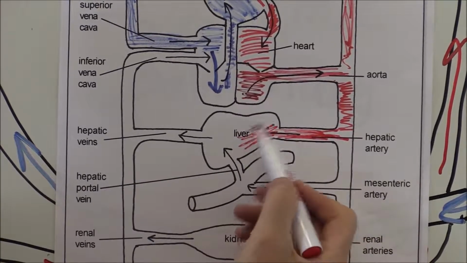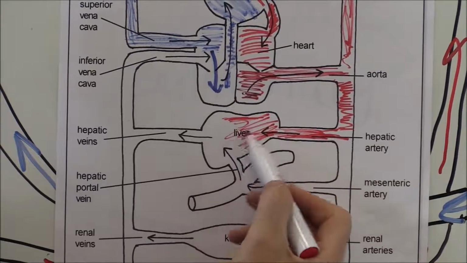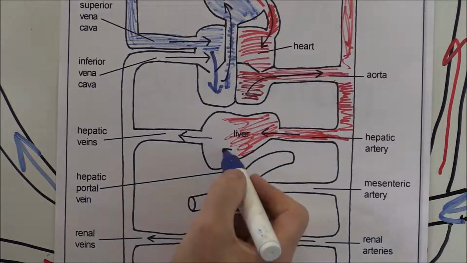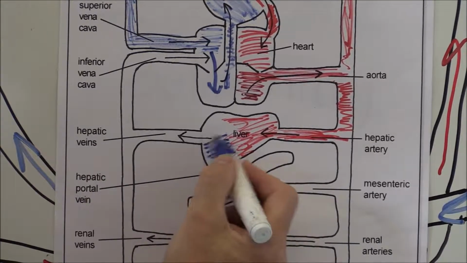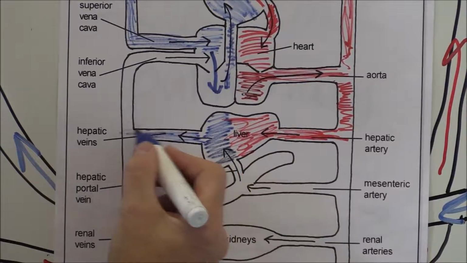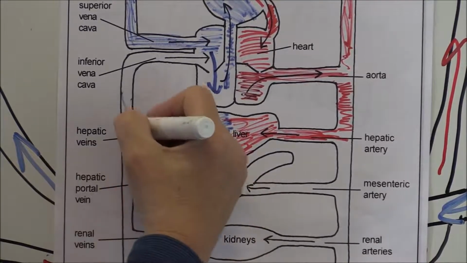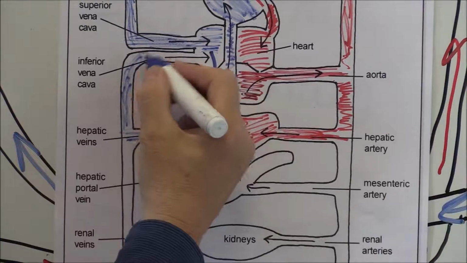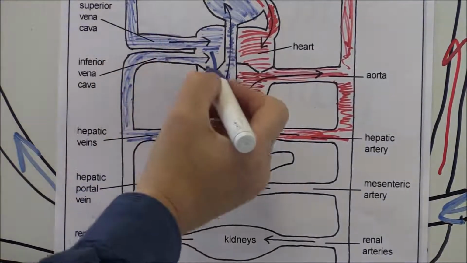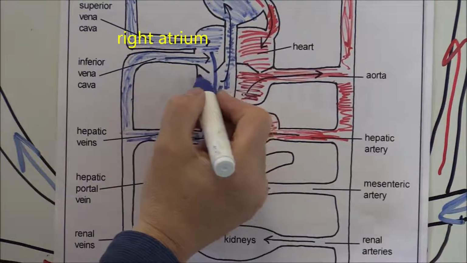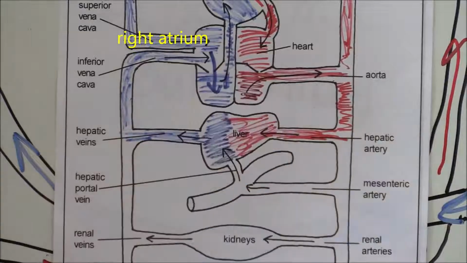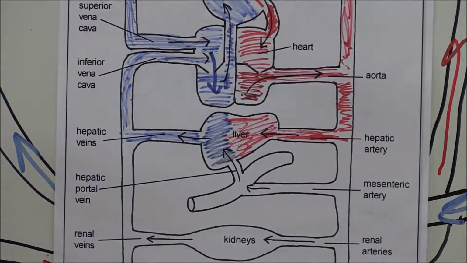Again, as the blood goes through the liver, it will be partly deoxygenated, meaning the hepatic veins are carrying deoxygenated dark red blood back, and in this case it's to the inferior vena cava, which is also draining back into the right atrium, ready to go to the right ventricle to go back to the lungs to be oxygenated.